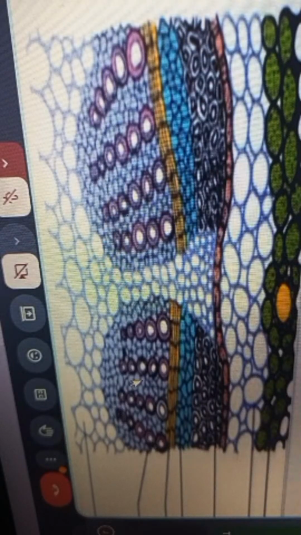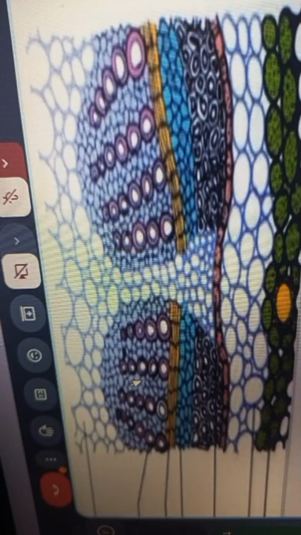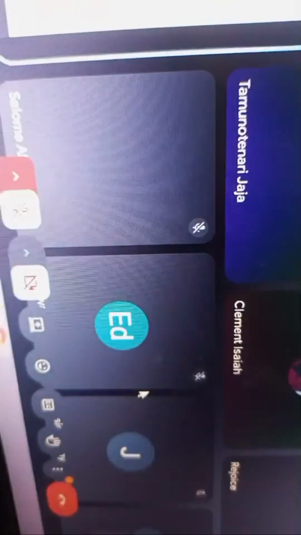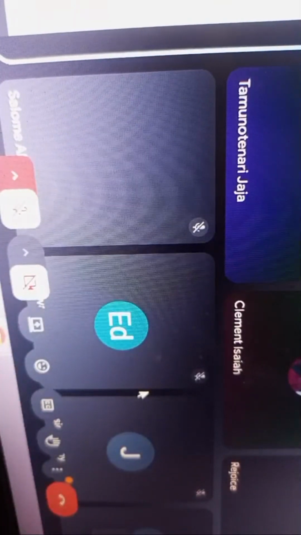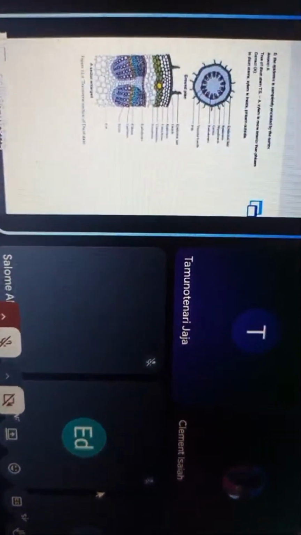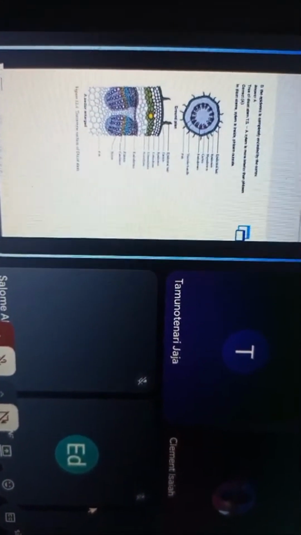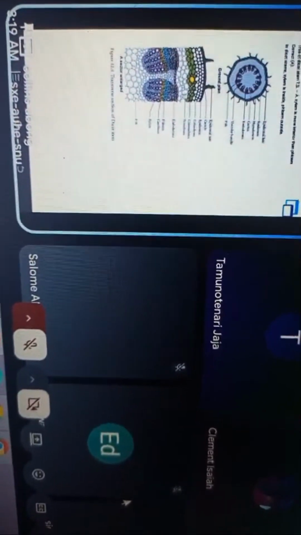Out of curiosity, what's the function of cambium? All right, let me tell you so that I won't waste time. The function of cambium is that it undergoes secondary growth, and because of this secondary growth, it gives the plant thickness. It can have thickness in the stem, thickness in the bark. That's the function of cambium.